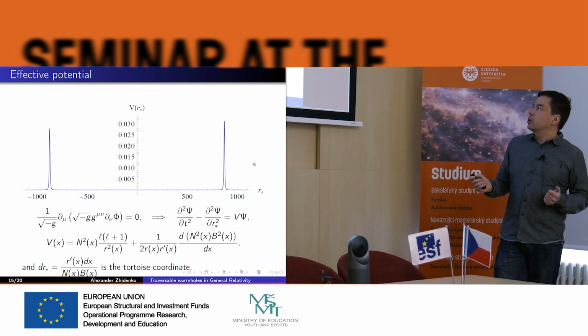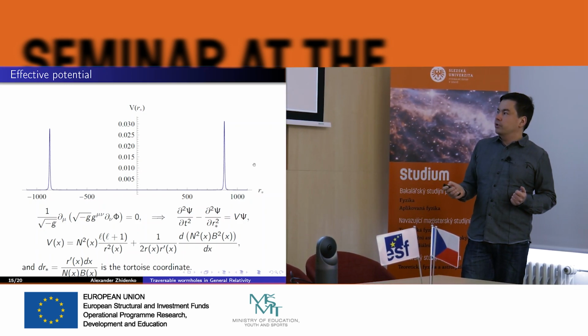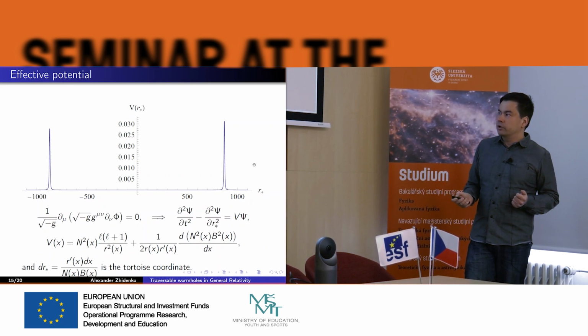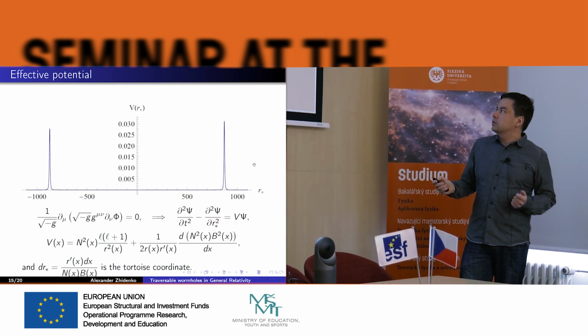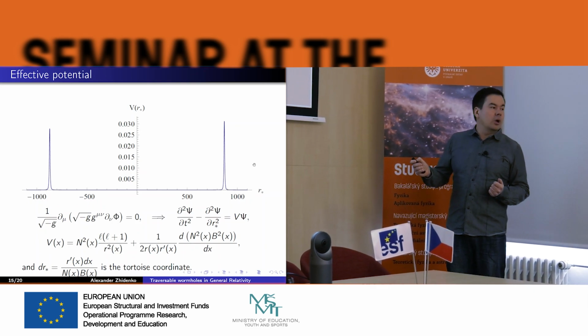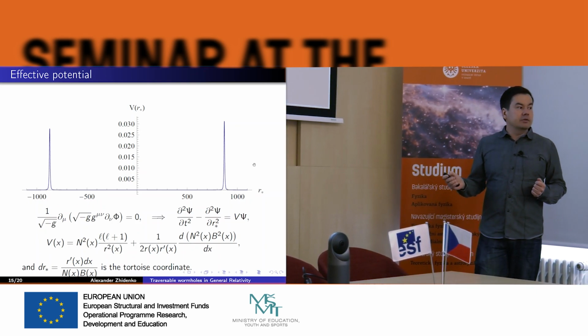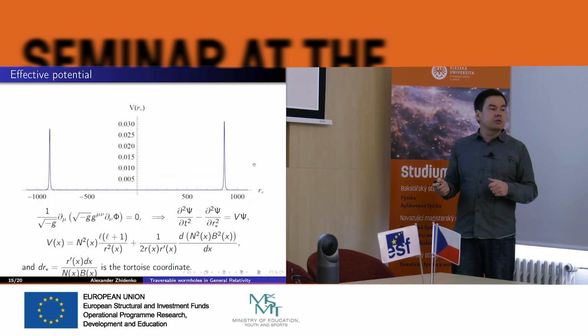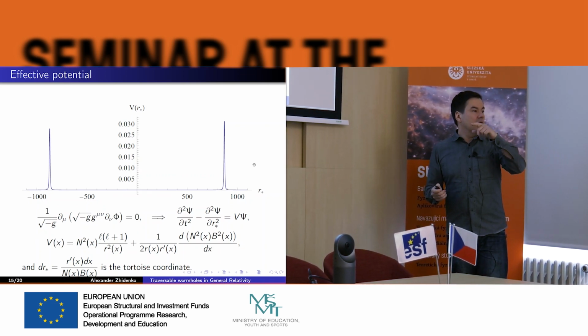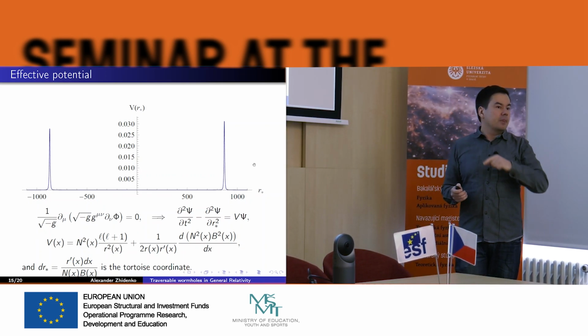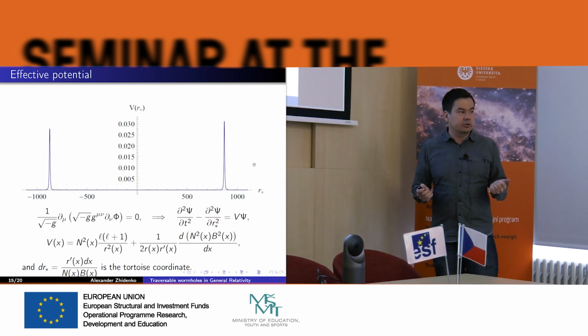For the Reissner-Nordström black hole, if you write down the Klein-Gordon equation, we see that there is an effective potential with one peak, and this one peak manifests itself at the beginning when we see the ringdown, which is similar to the Reissner-Nordström.